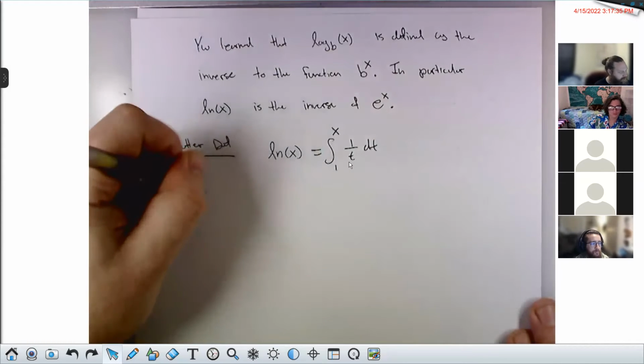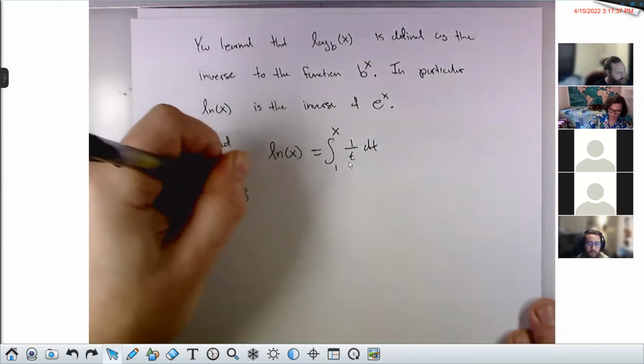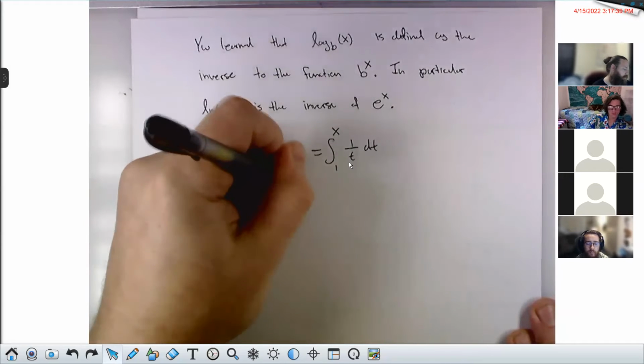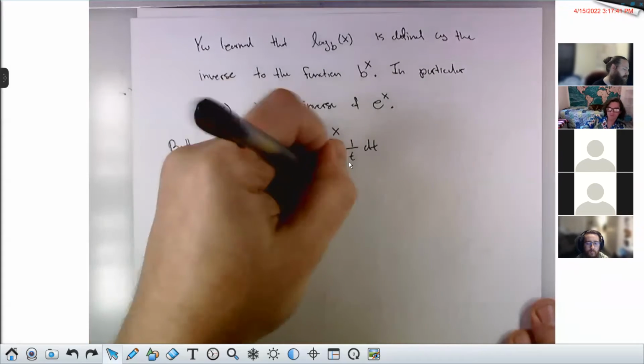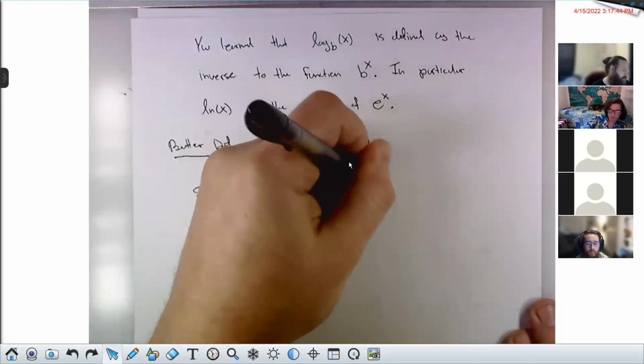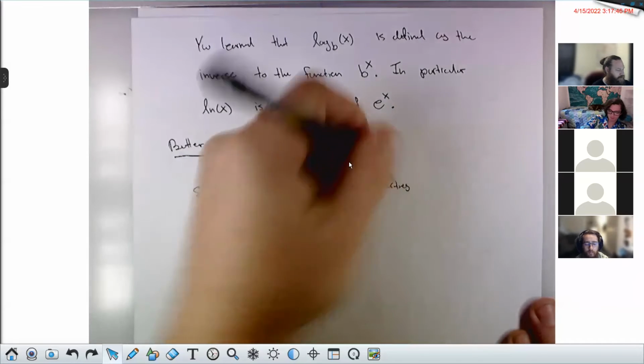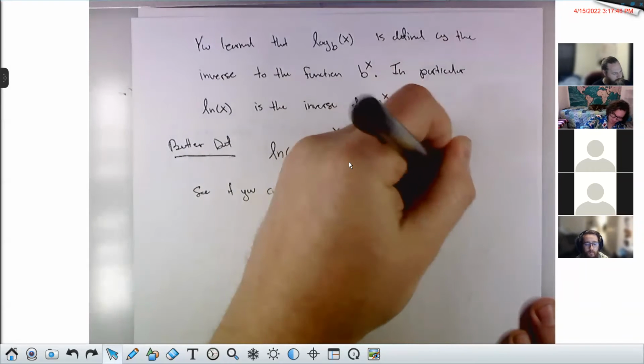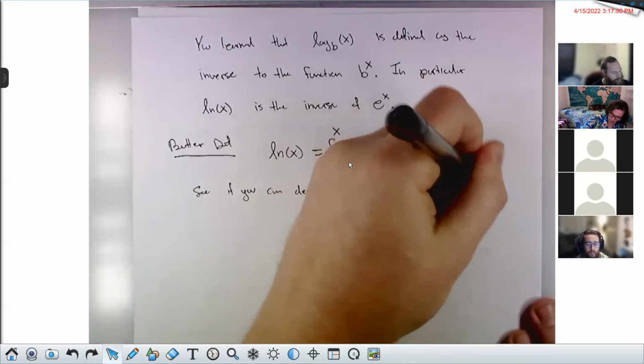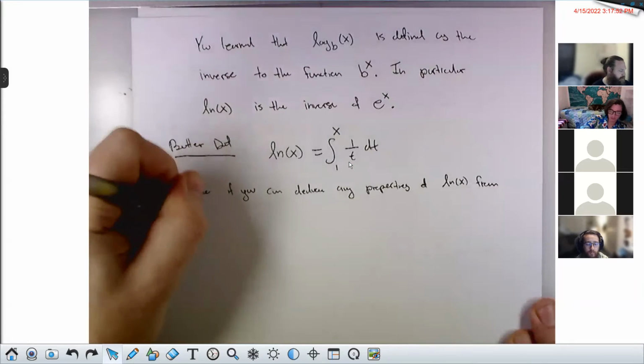See if you can deduce any properties of ln x from this definition.